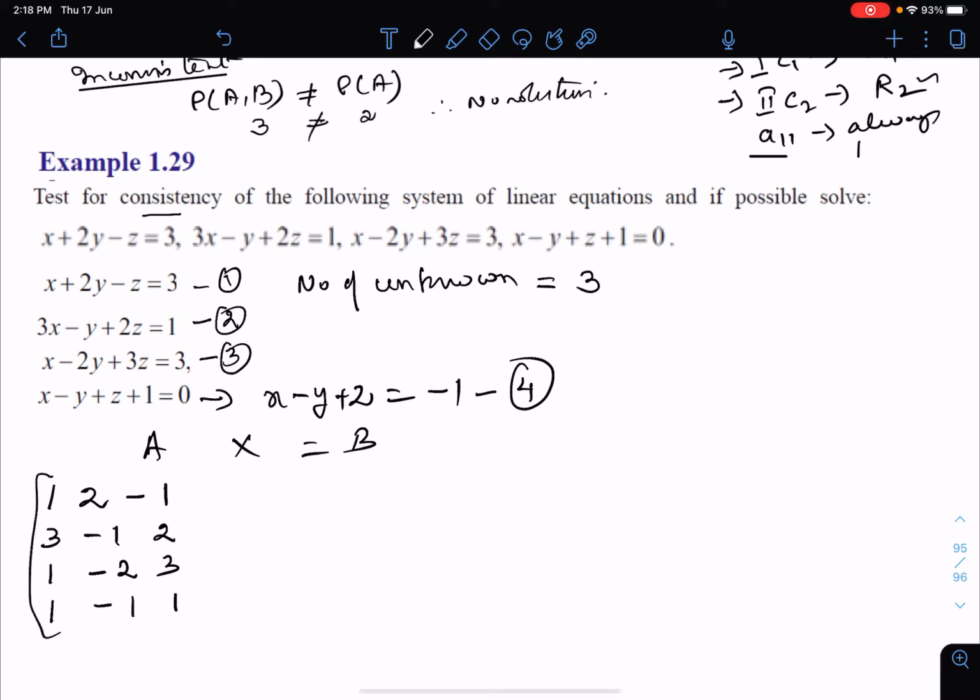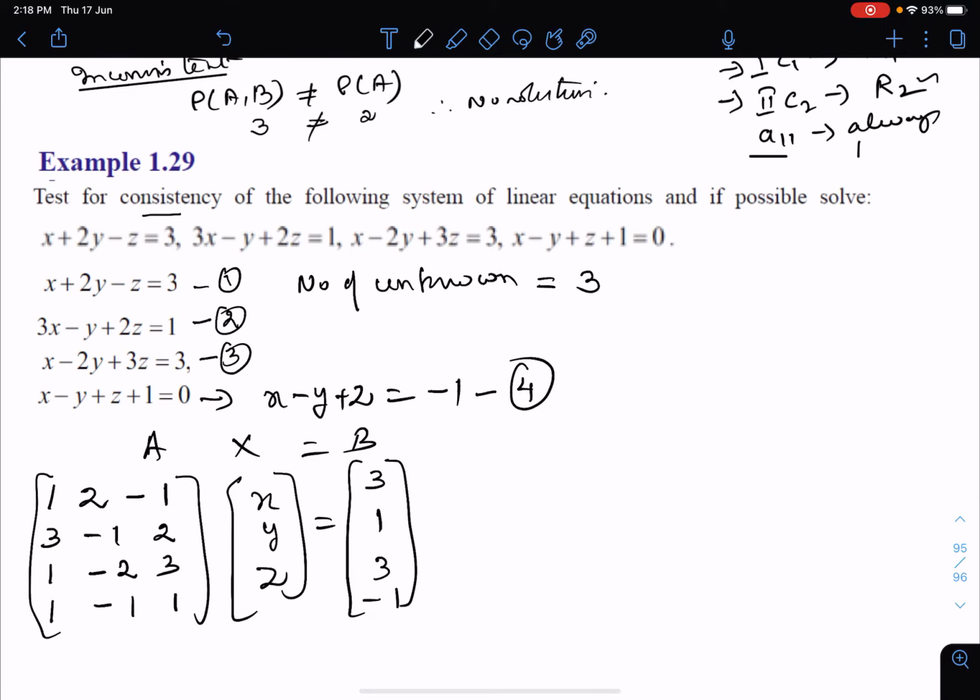This is our A, and our unknowns x, y and z, and our constants on the right hand side 3 1 3 and minus 1.